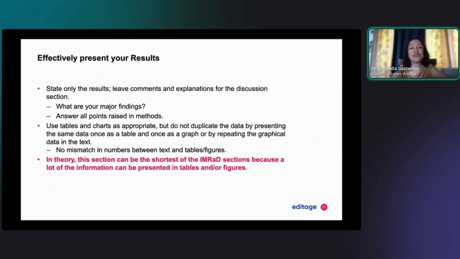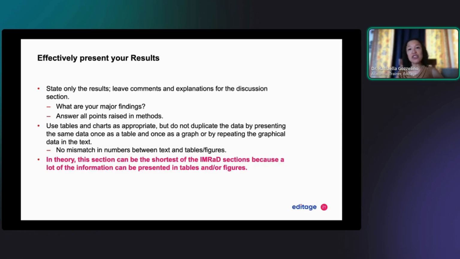So how do you effectively present the results? You state only the results. So if you have a graph in front of you, you just analyze the graph by explaining what result the graph is showing to the reader. Don't insert any comment, but leave all comments and explanation, meaning the interpretation of this graph, for the discussion section.